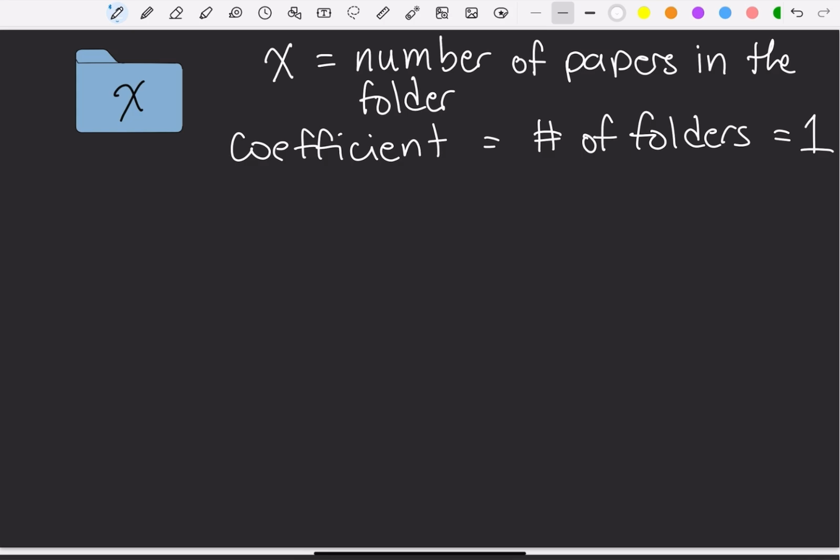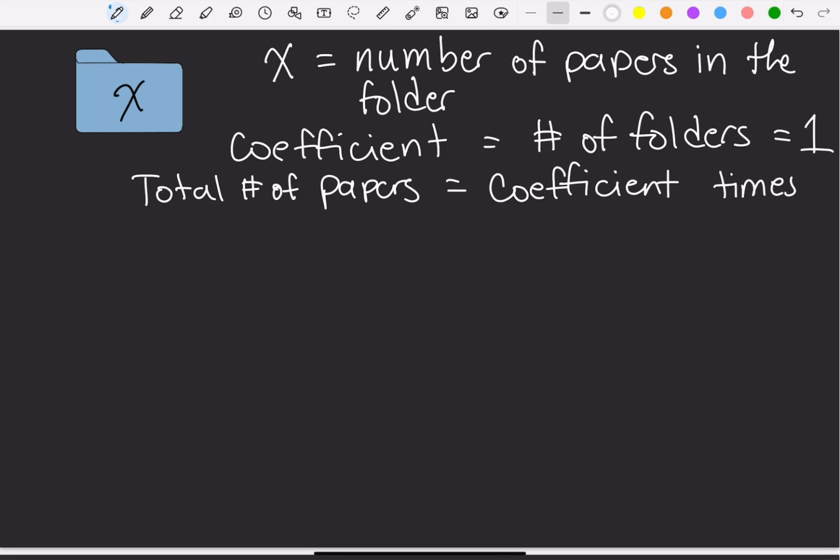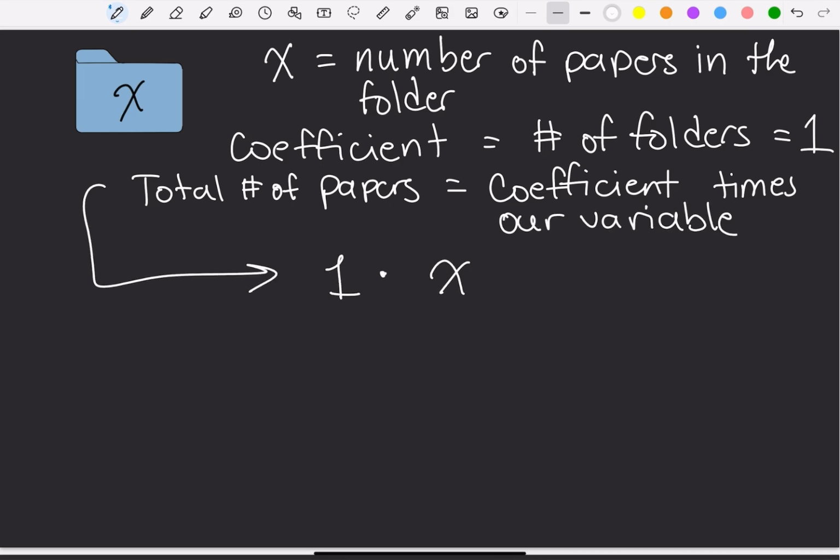So what can we do with this information? We can take our coefficient, multiply it by the number of papers in the folder, and that'll give us the total number of papers we have. Our total number of papers equals coefficient times our variable, which gives us 1 times x, or 1x.